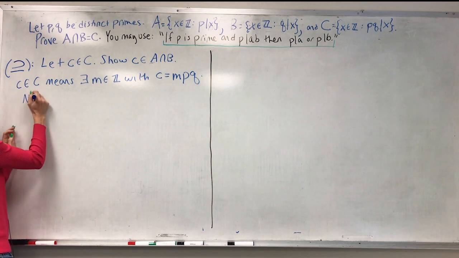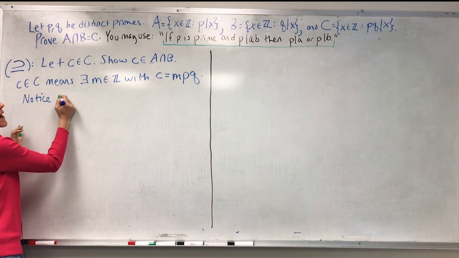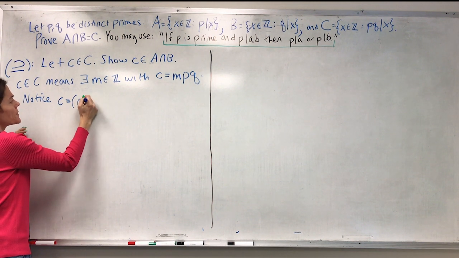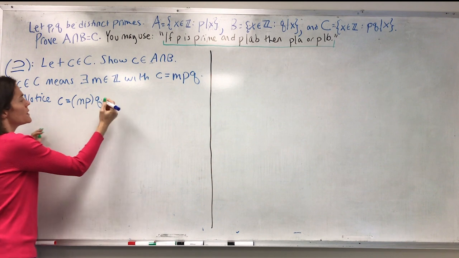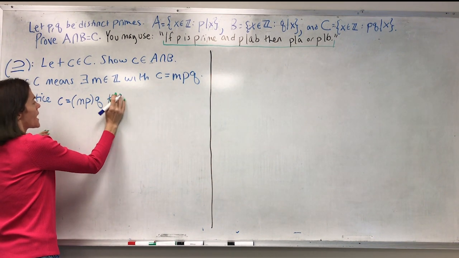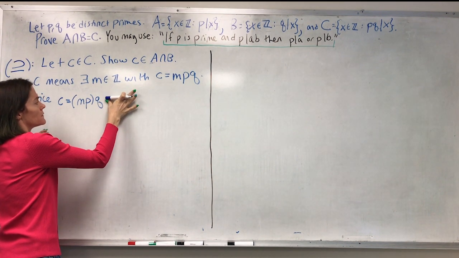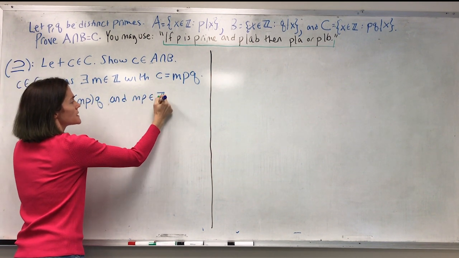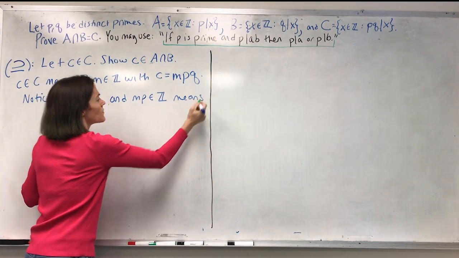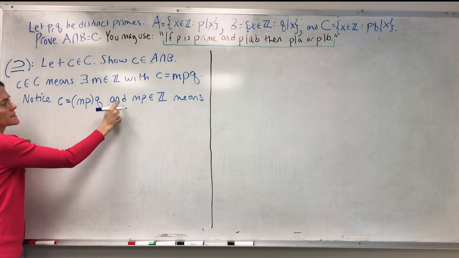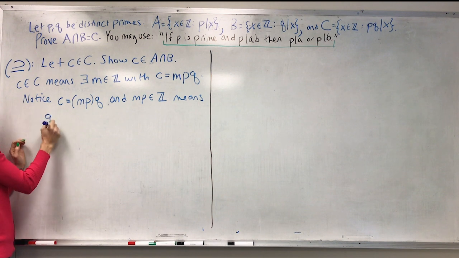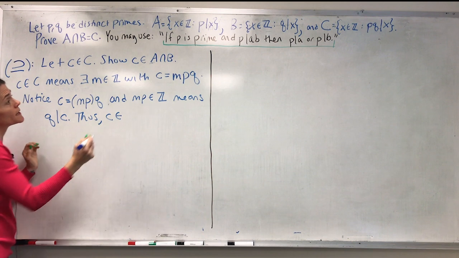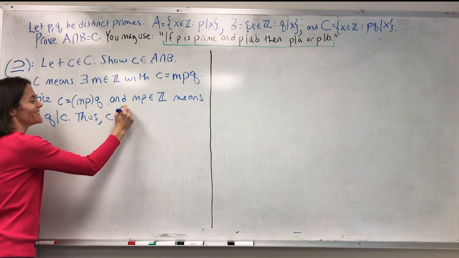So notice, if we write it this way, that c is equal to mpq and mp in Z means c like this, and this here means that q divides c. Thus, c is in B.